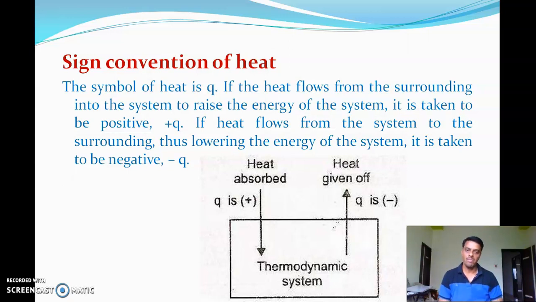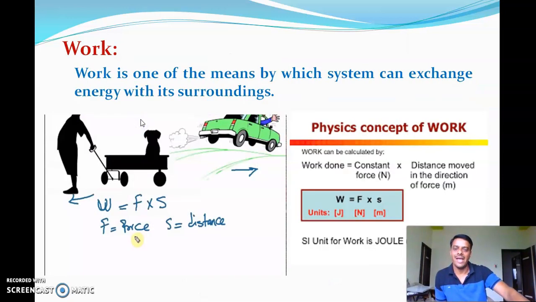Remember, the transfer of heat from surrounding to system is taken as positive, and when heat flows from system to surrounding, it is taken as negative Q. In short, absorbed heat is positive Q, evolved heat is negative Q.